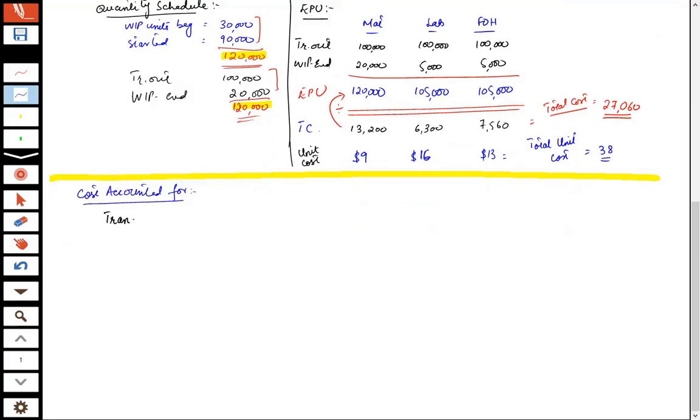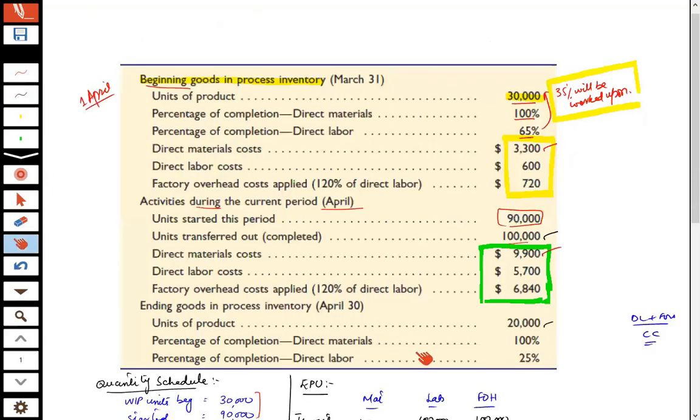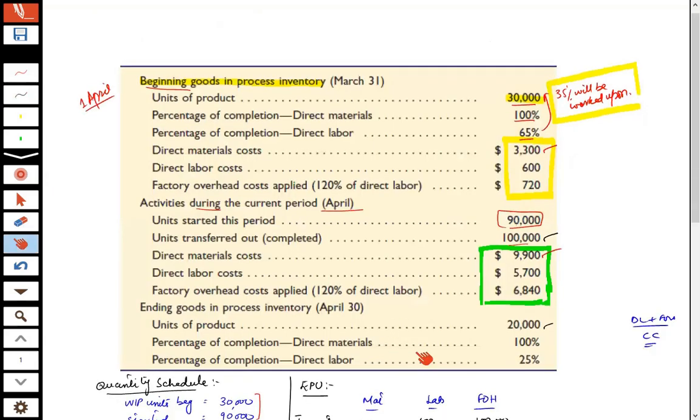It would be 100,000 into 38. So basically 3,800,000.